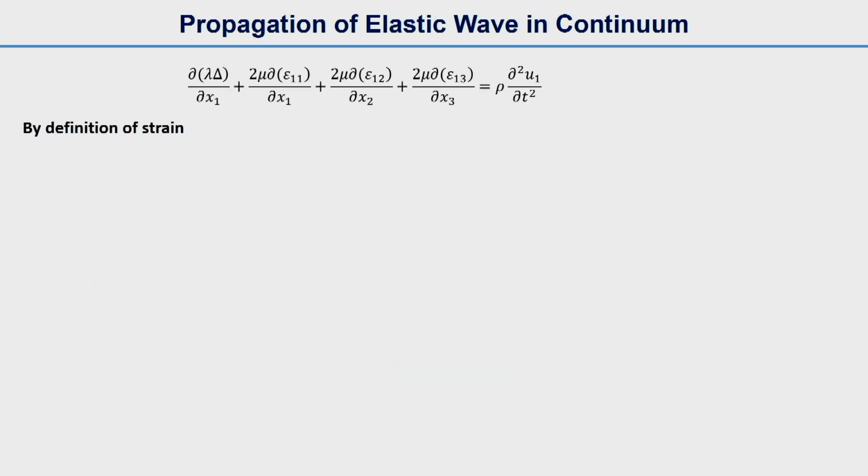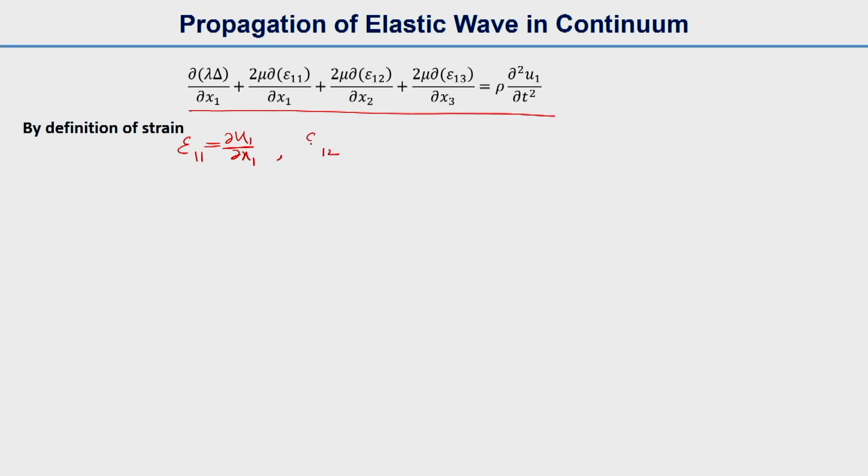Then the expression we found in the previous slide is this one. So we will use the definition of strain to convert these strains to displacement. The definition of strain says epsilon 11 is equal to partial of u1 with respect to x1.